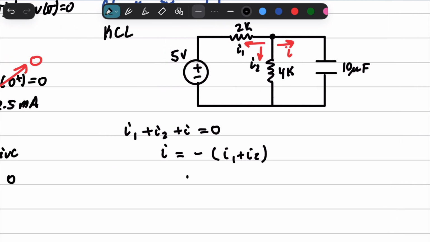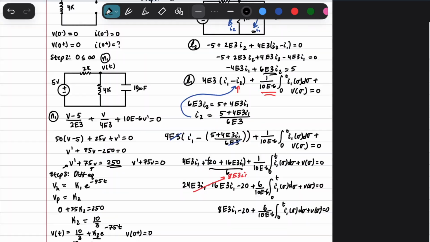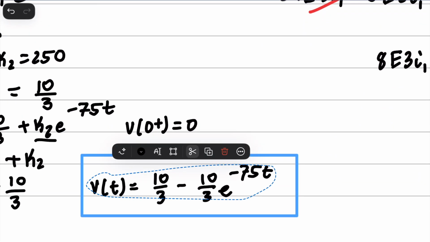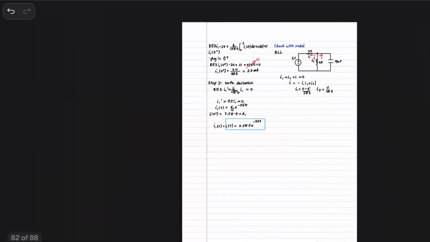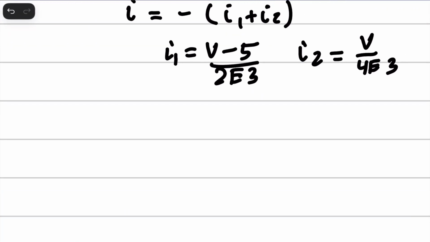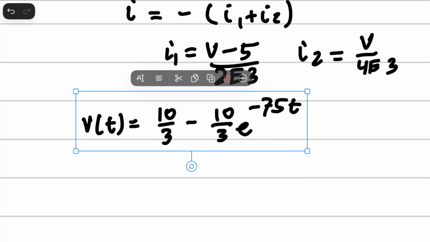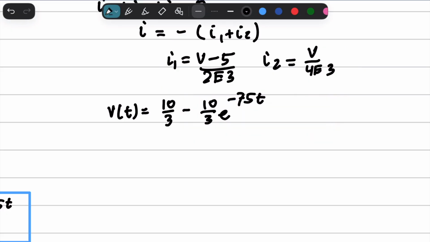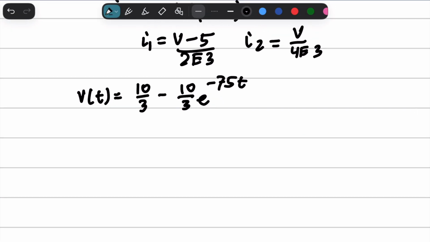We know that I1 is equal to (V minus 5) over 2E3, and we know that I2 is equal to V over 4E3, okay? And we actually know what V is. We calculated it right here. And so if we plug in this V into this equation right here, then we should theoretically get the same I.